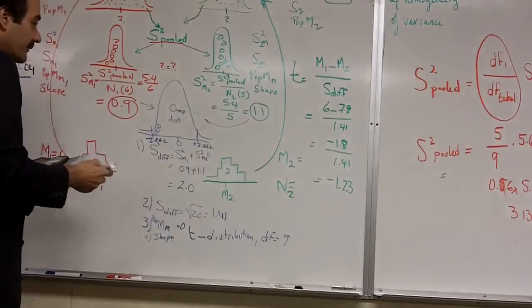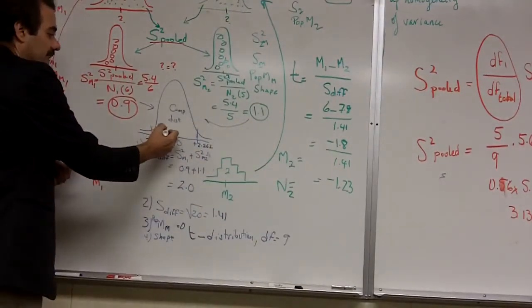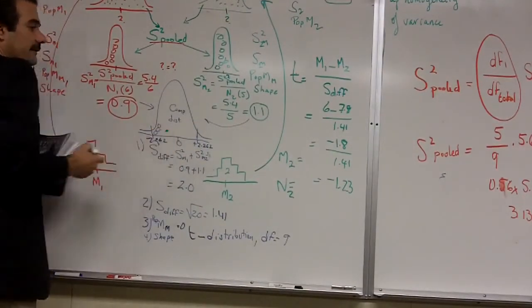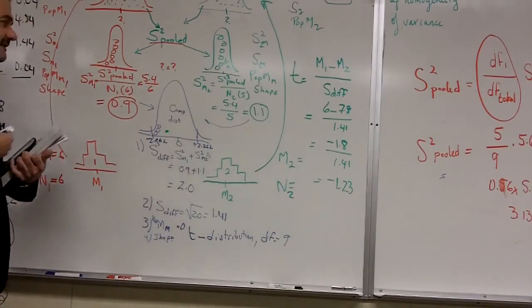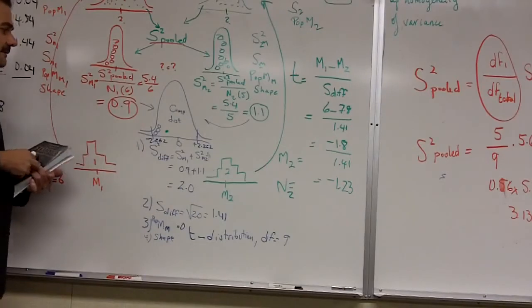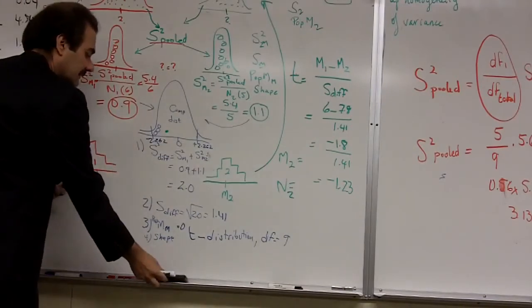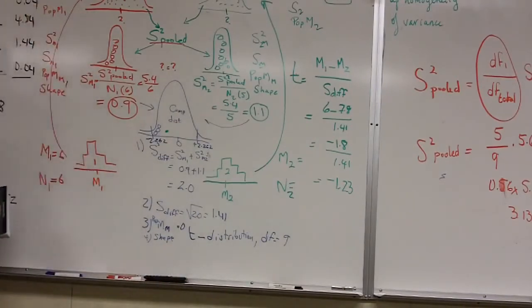Negative 1.23 is actually here. So this difference is not that significant. It's not extreme enough. We fail to reject the null. That's step number 5.